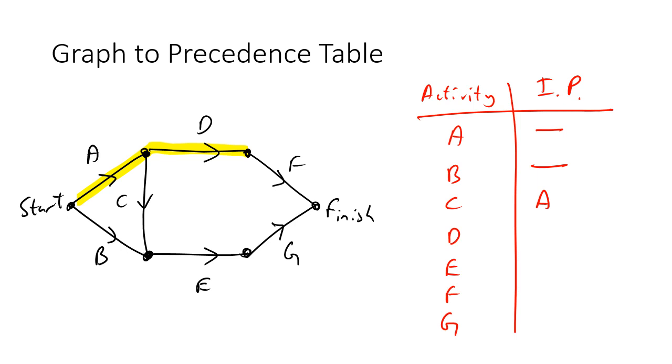So it's just A. If we then look at E though, going backwards against the arrows is B and C. So you've got B and C. Oops, thought I hit the eraser button. Let's look at F. F only has D.